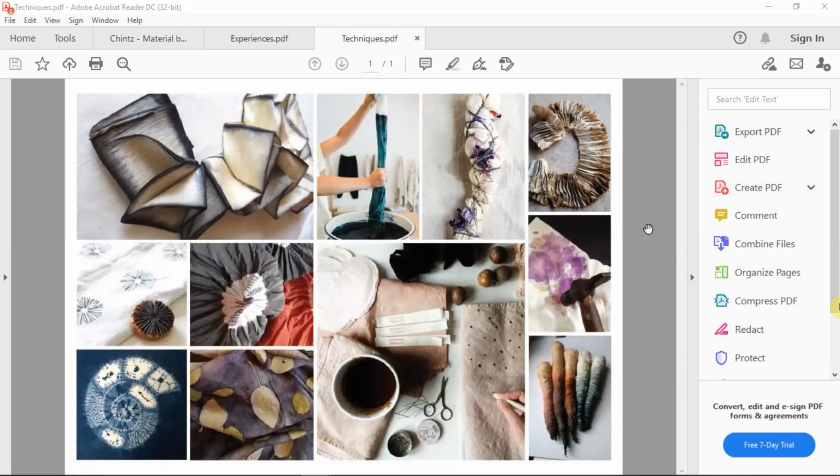The textures. Yes, textures. They're going to create different kinds of textures. So are they going to use any machines in this type of printing? Can you see that this is all handwork?